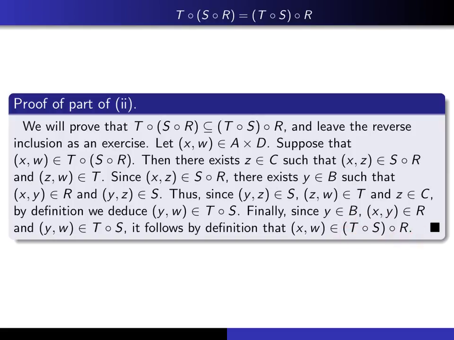It's strictly a matter of following the working definitions of composition. So you see, I began by taking an xw in this composition, and I proved that it was in this composition, and that means that this is a subset of this.